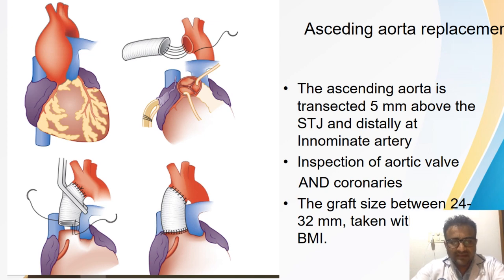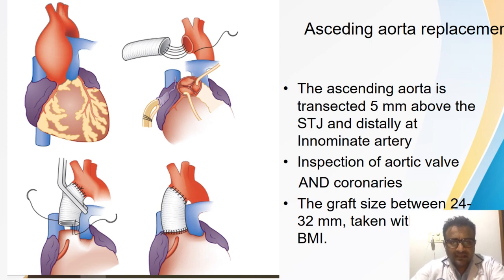Carefully, the aortic valve is inspected for any damage involving the leaflets, or dissection extending to the sinuses or involving the aortic valve. If we are certain that the aortic valve and leaflets are normal, and the dissection is not extending to the coronaries, we can simply replace the dilated part of the aorta and come out.